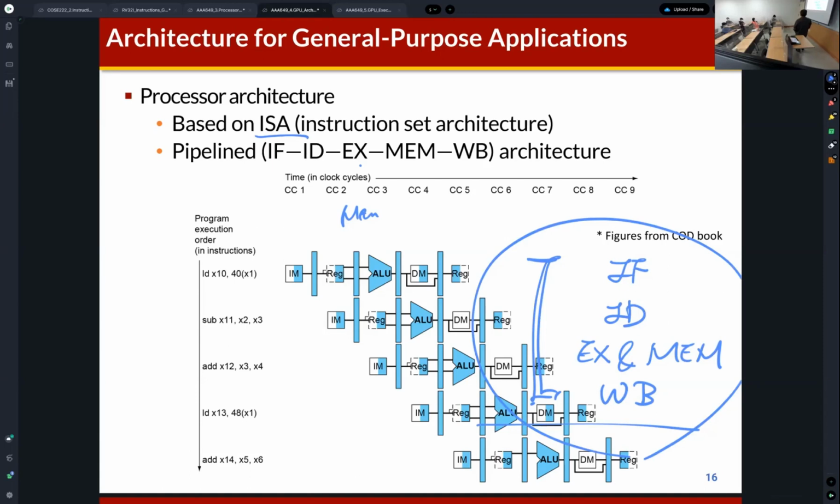It's the same for the GPU. In order to support general programming with the GPU, GPUs need to support execution of general purpose instructions, and the baseline is the same fundamental required steps for executing instructions: instruction fetch, instruction decoding, execution or memory, and write back. Just remember this.